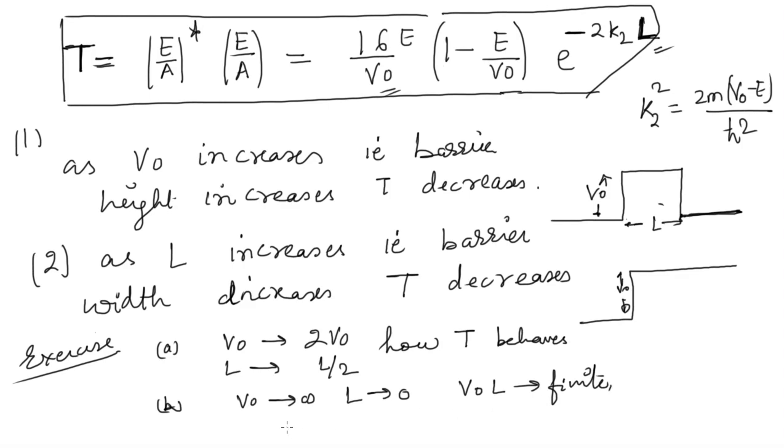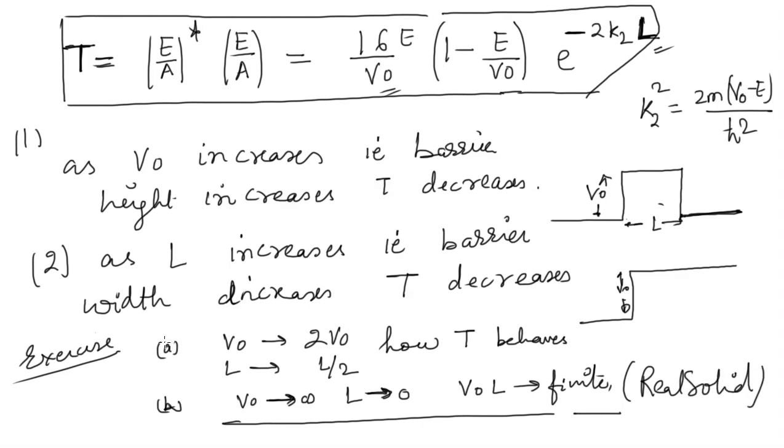That would be the case of my next topic, real solids, what actually happens, what the electron experiences inside the solid. L goes to 0 and V naught tends to infinity. The barrier is infinite, still in such a way that V naught L remains finite. That is my case of a real solid. I would like you all to think about how T behaves as V naught increases.